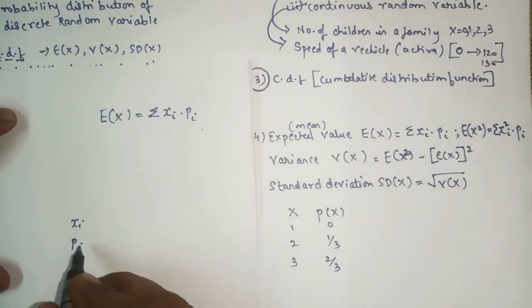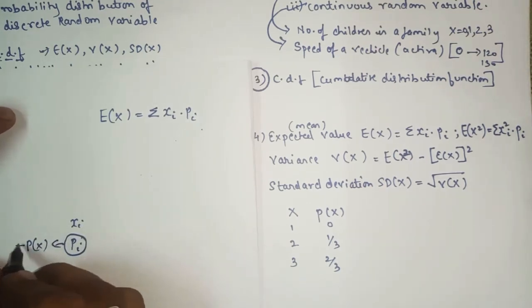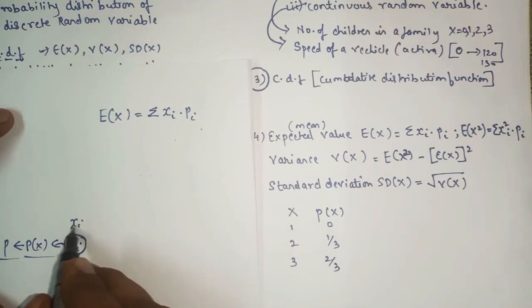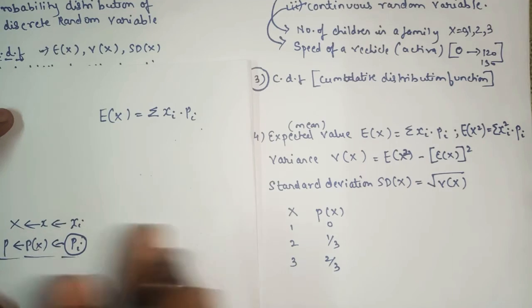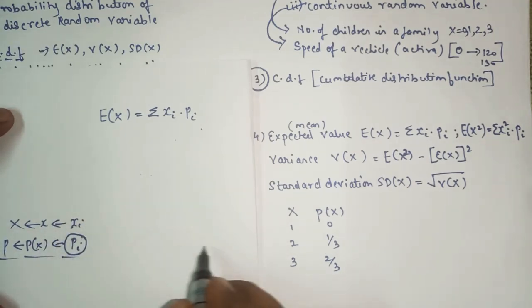In some questions, this pi will be replaced by p of x or else only by p. The meaning of all the three is the same. Sometimes xi will be replaced by small x or a capital X. The meaning is the same. So the first value is the random variable and the second value is the probability.